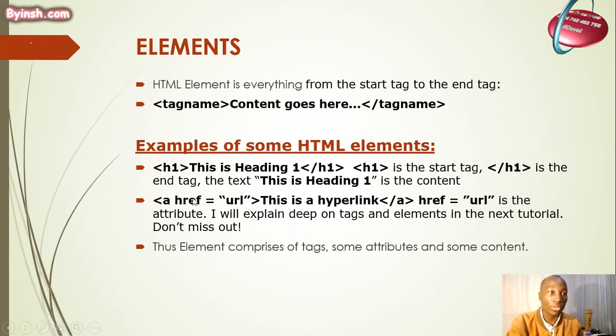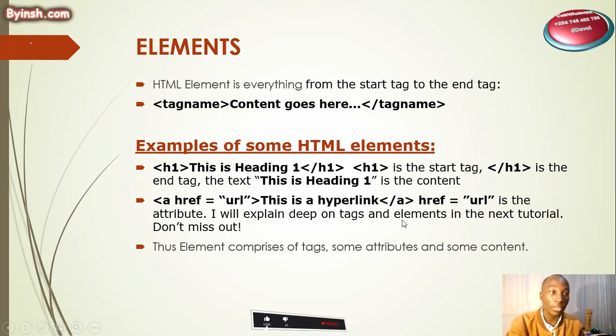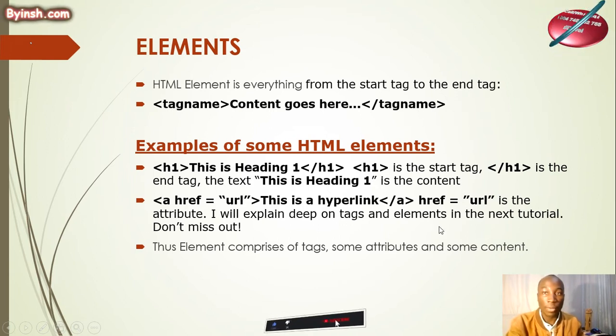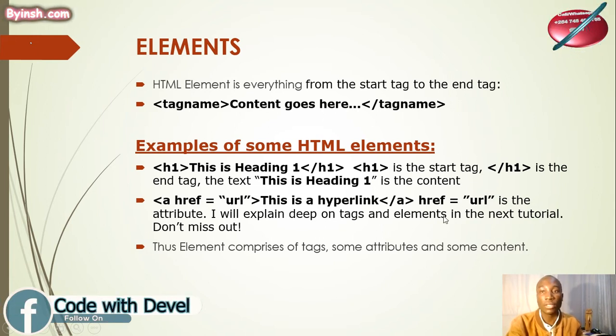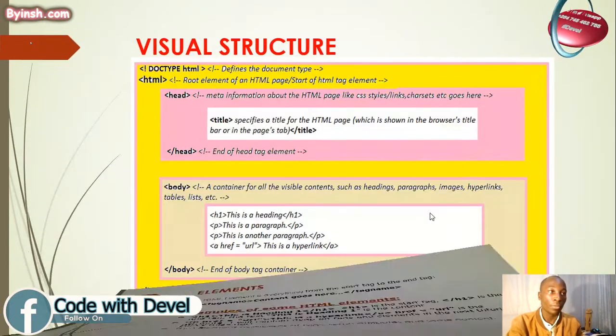Later in the tutorials you will notice that an attribute gives more information about the tags. Those will be explained in later tutorials if we follow together. Thus elements comprise tags, some attributes, and some content, as we have seen in the previous examples.